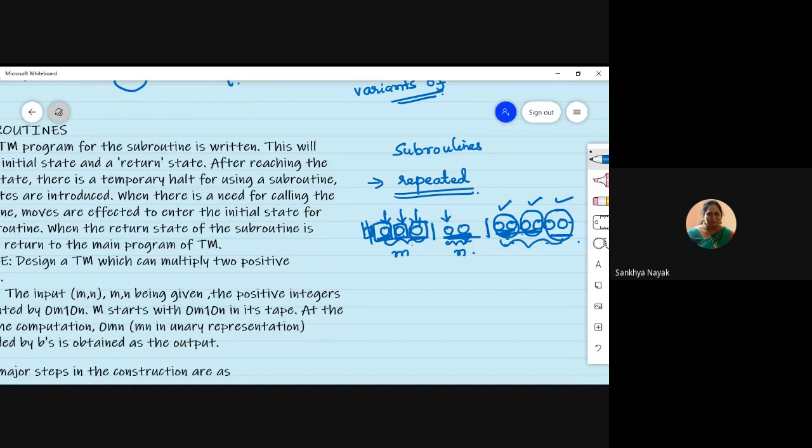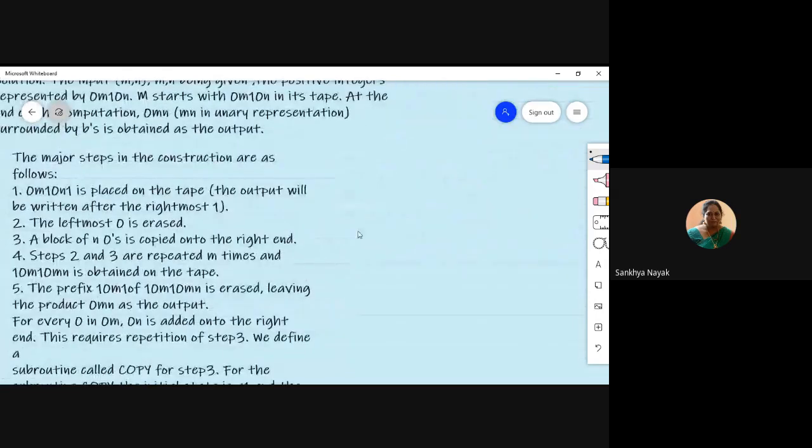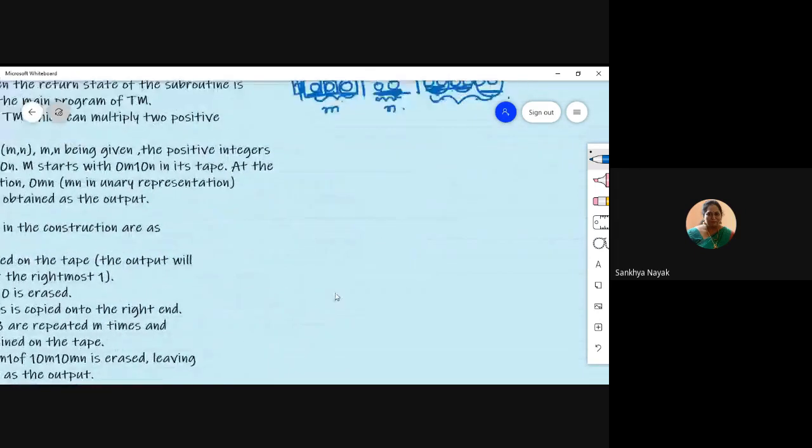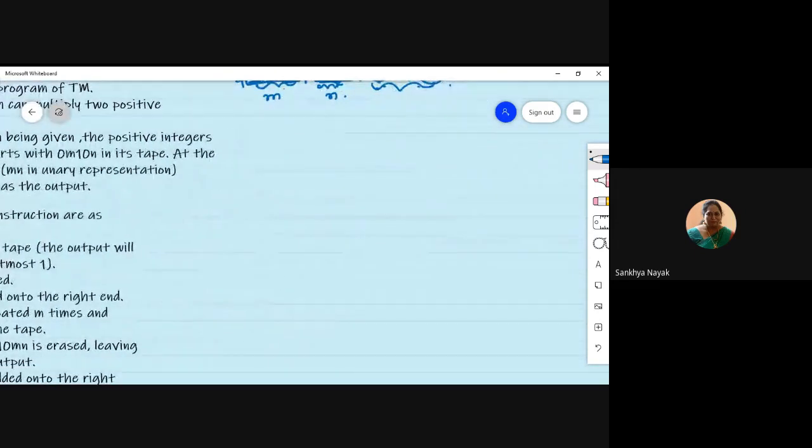Okay. So let us take one example and see. Here the method is explained how we are going to do this. So I'll explain it to you with one small example. Okay, the logic we are going to apply, and then we'll take the transition table and actually trace what happens.